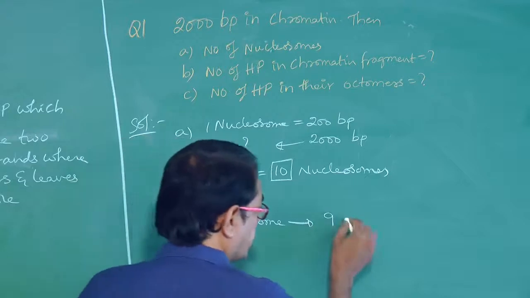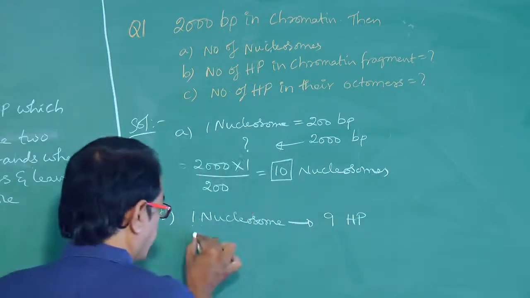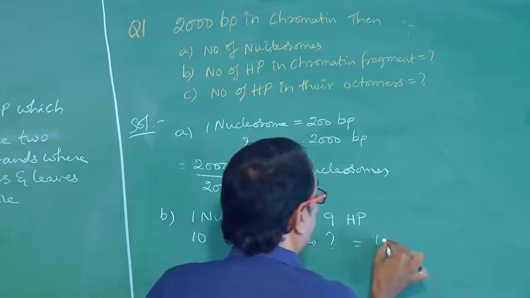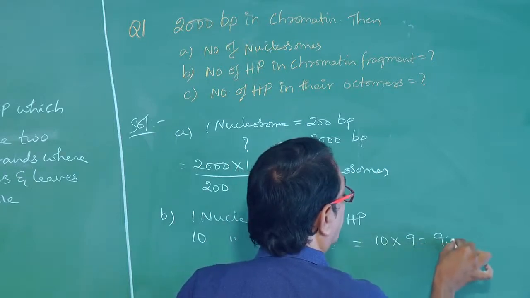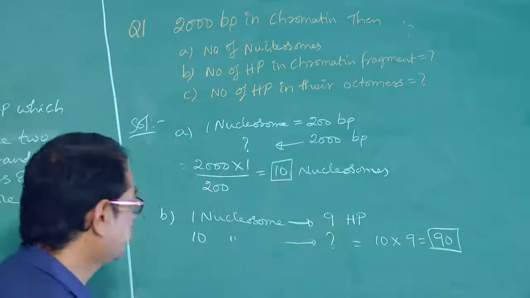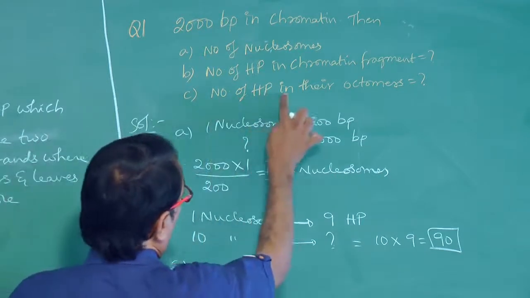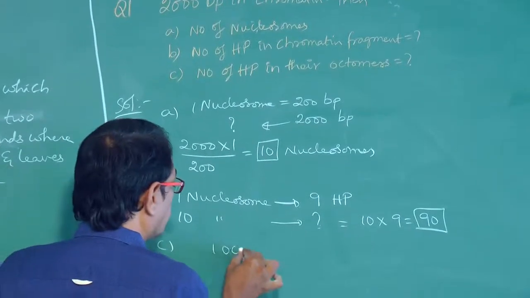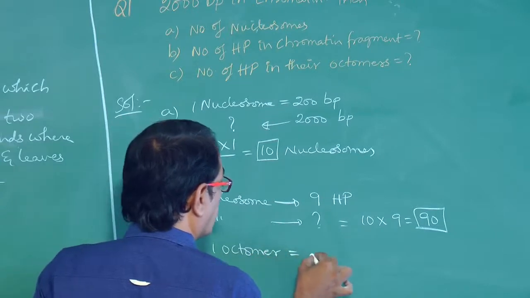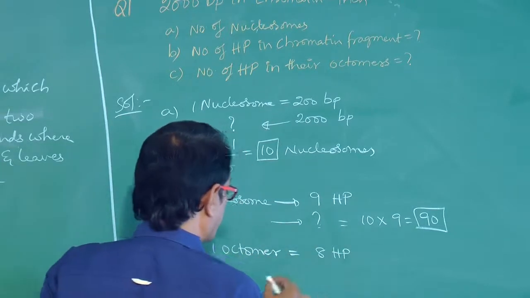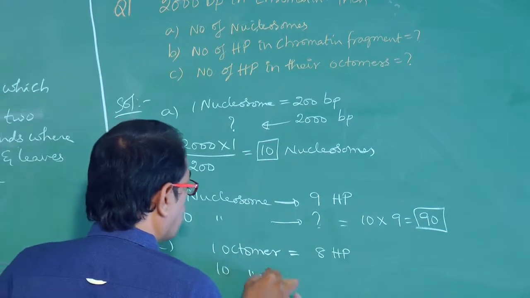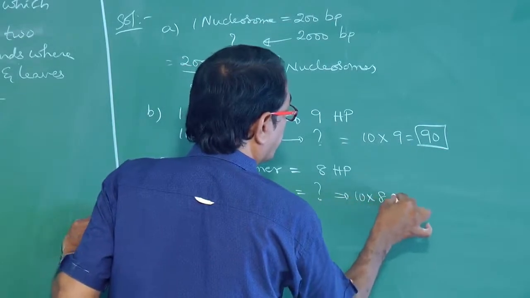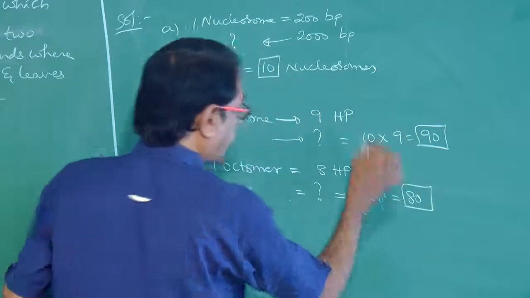So one nucleosome contains 9 histone proteins. For 10 nucleosomes, 10 into 9, that is 90. Another question: the number of histone proteins in their octamers. One octamer contains 8 histone proteins, so 10 octamers contain 10 into 8, 80.